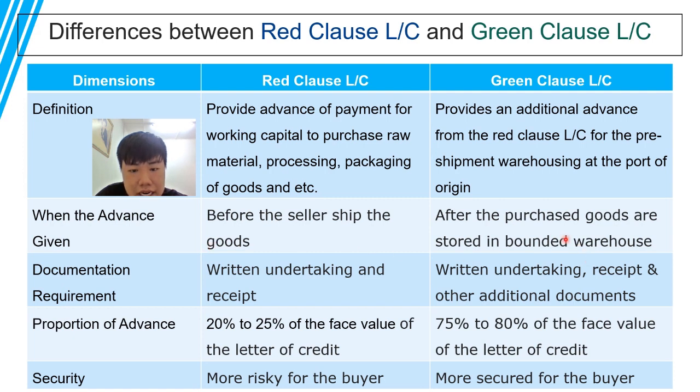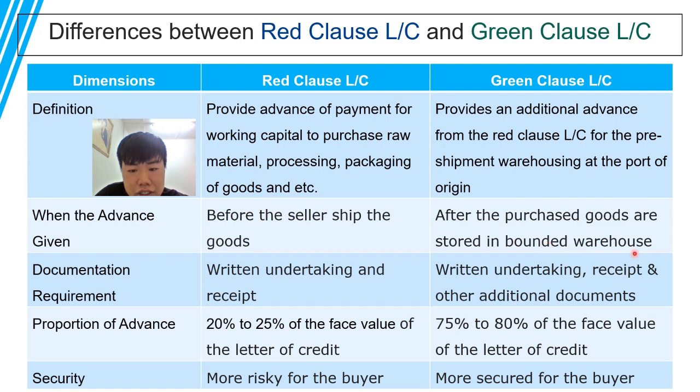However, in the green clause letter of credit, the advance will be given after the purchased goods are stored in the warehouse. Third, the difference between the green clause and the red clause is about the documentary requirement. The advance can be transferred in the red clause letter of credit by presenting the written undertaking and the receipt.